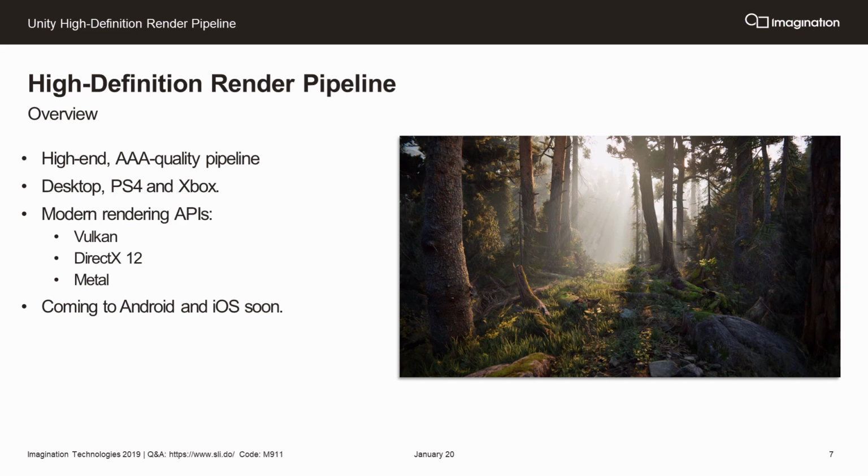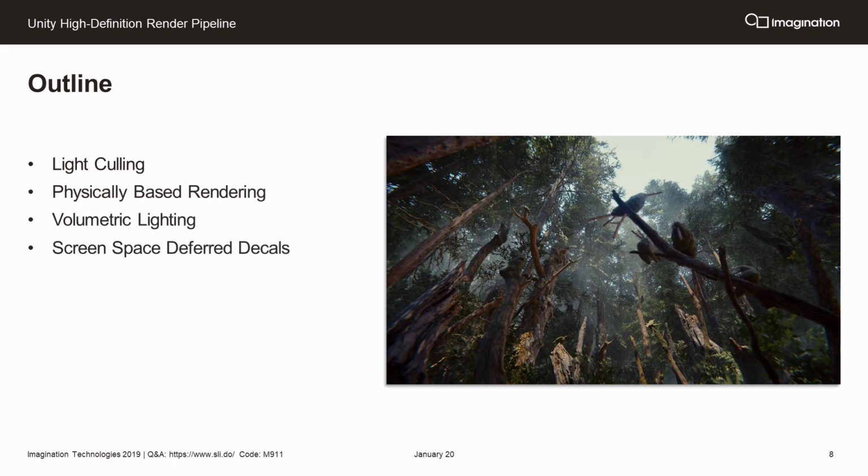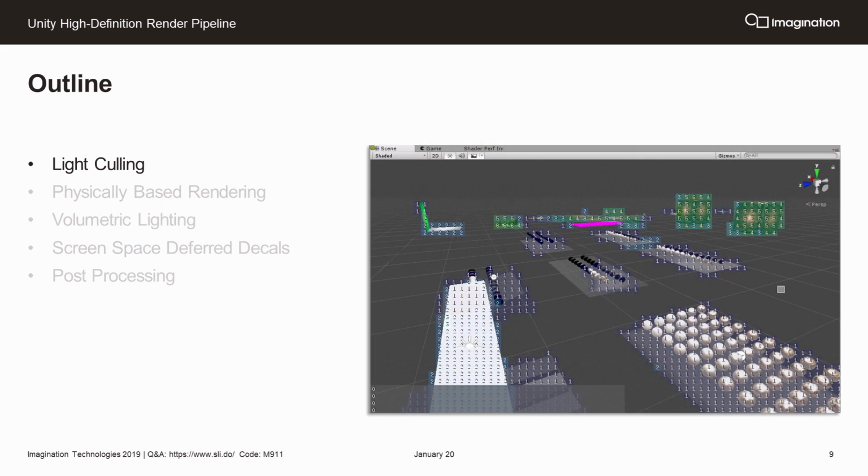So for this presentation, we'll be taking a select few of the rendering techniques in this pipeline and diving deep into them. So these are light culling, physically based rendering, volumetric lighting, screen space deferred decals, and post-processing. So let's start with light culling.